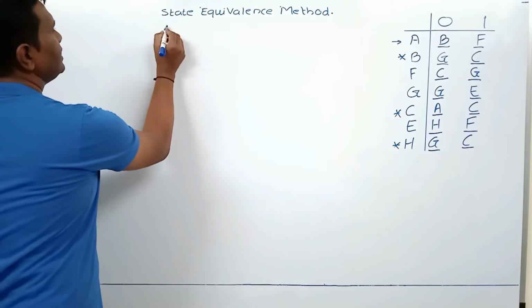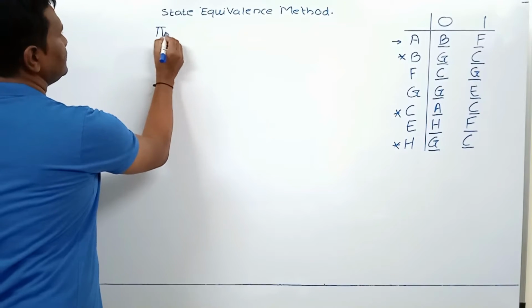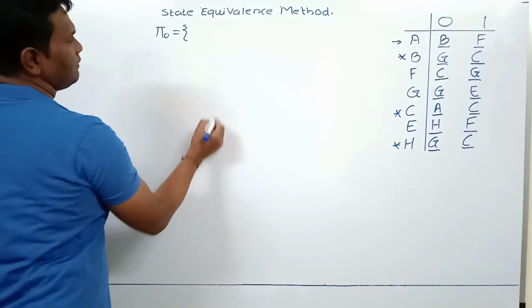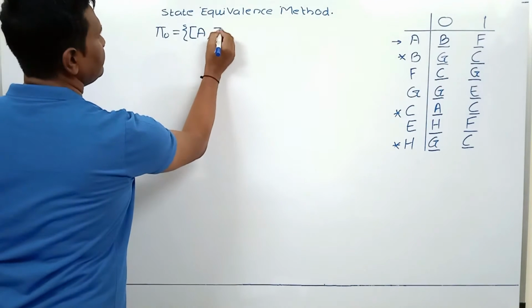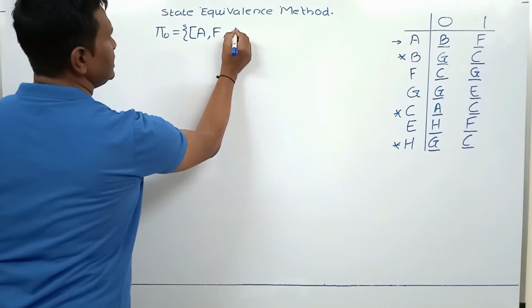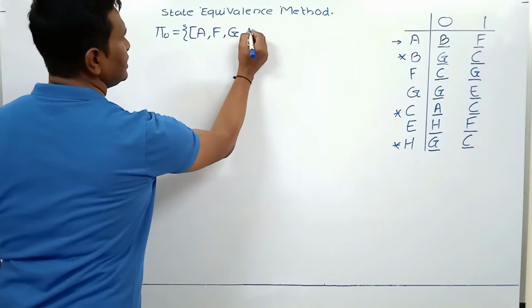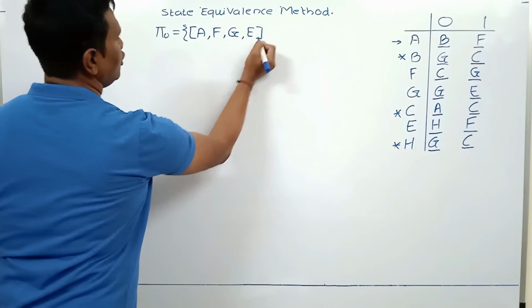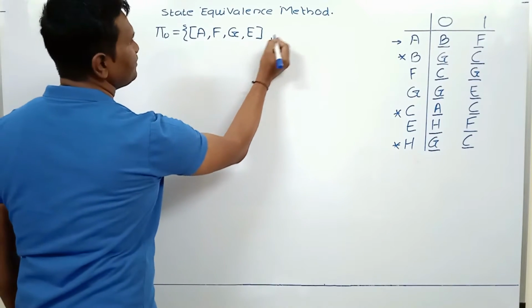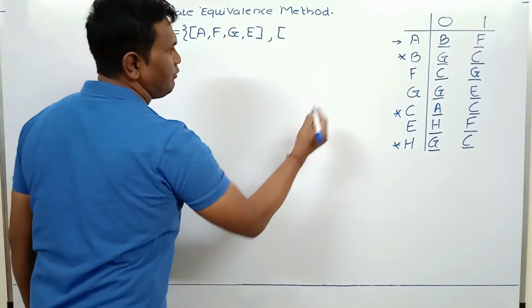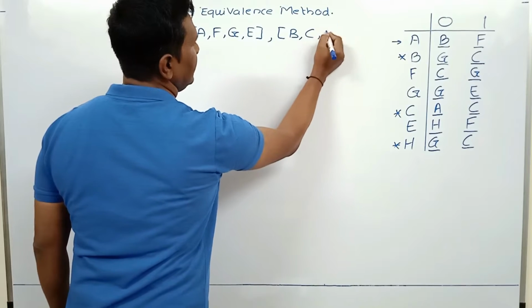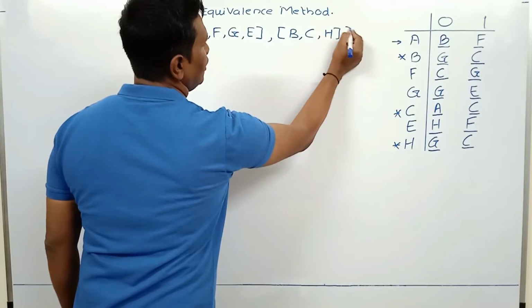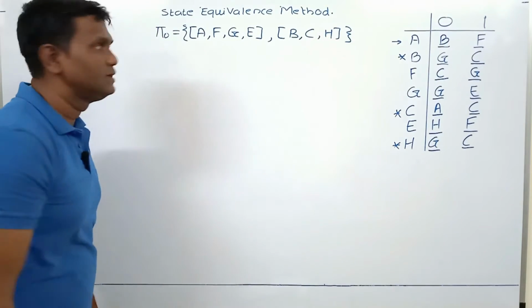For zero equivalent, first consider all non-final states: A, F, G and E. All non-final states are zero equivalent. After that, we consider all final states B, C and H. All final states are zero equivalent.